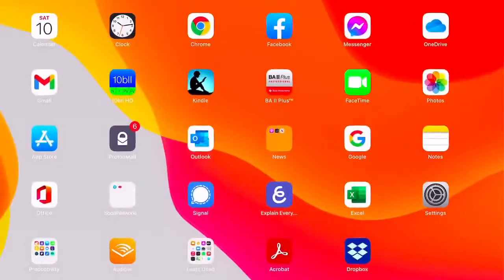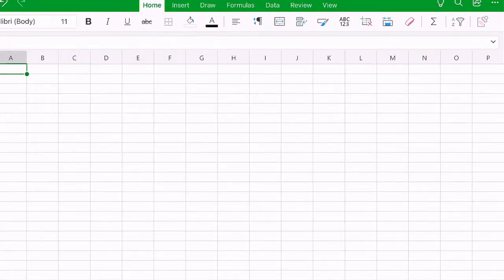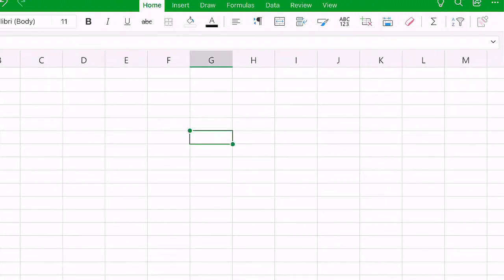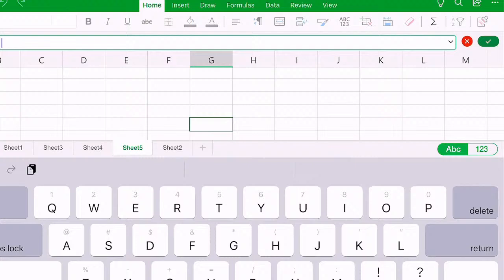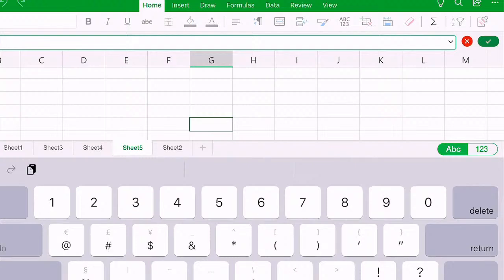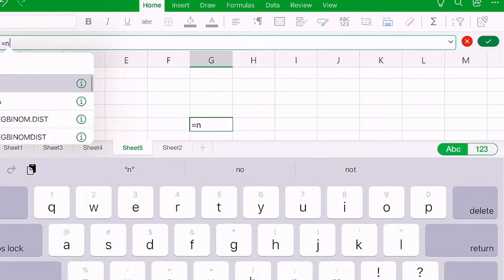So let's see in Excel if I can do this easy enough. So if I hit equals, where's my equals? Equals. I should have looked at this before. It's not n, it's probably going to be combination.